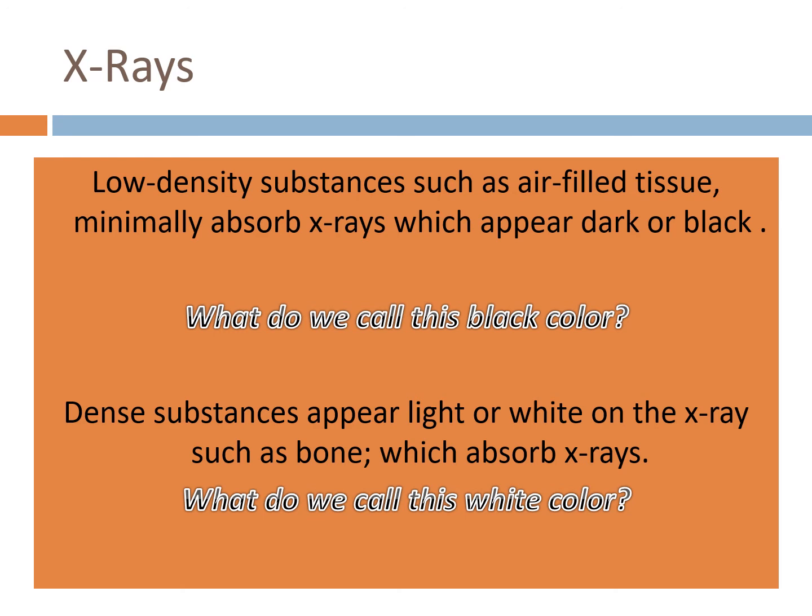The X-rays just go right through it, so they appear black on the film. And radiopaque is what we call the white color, and those are the denser substances like your bone, tissue, fat, which actually absorb the X-rays.